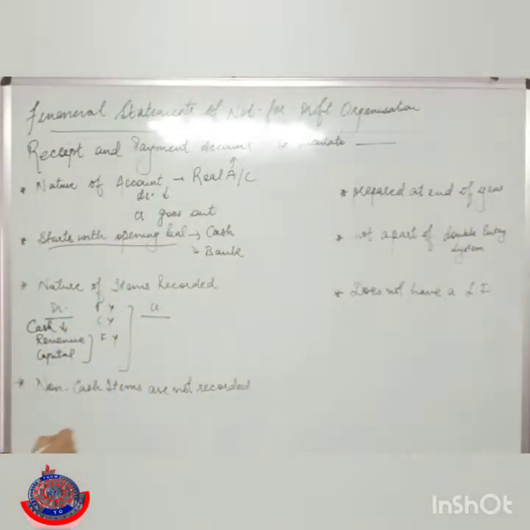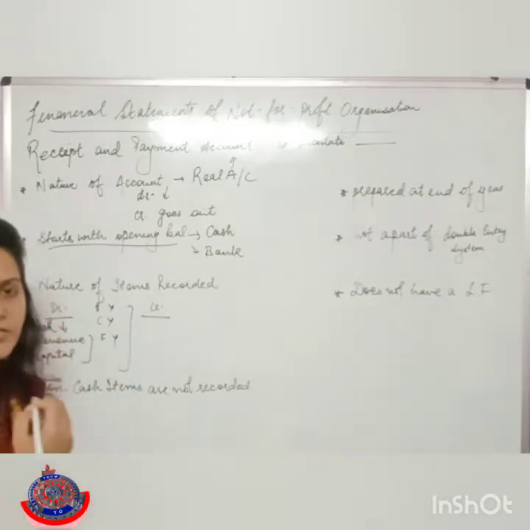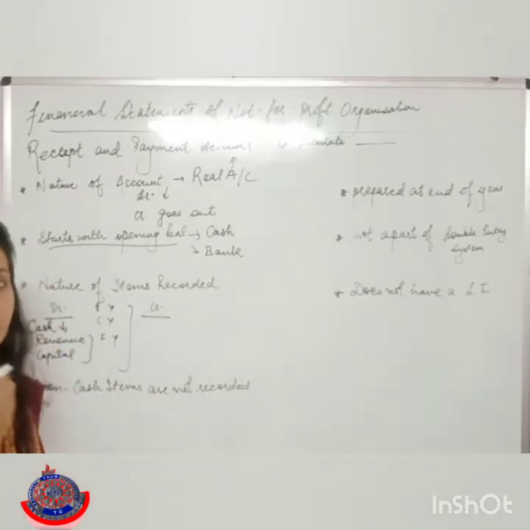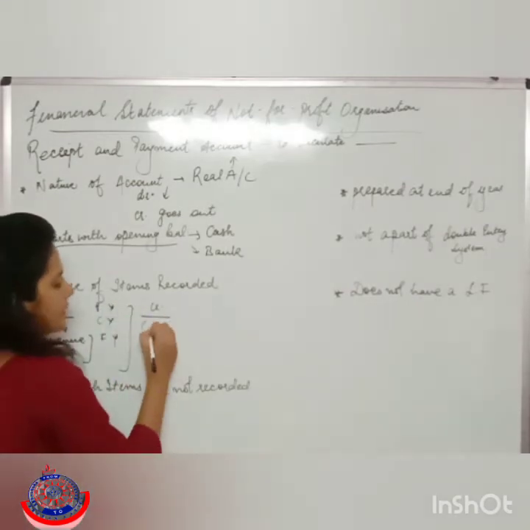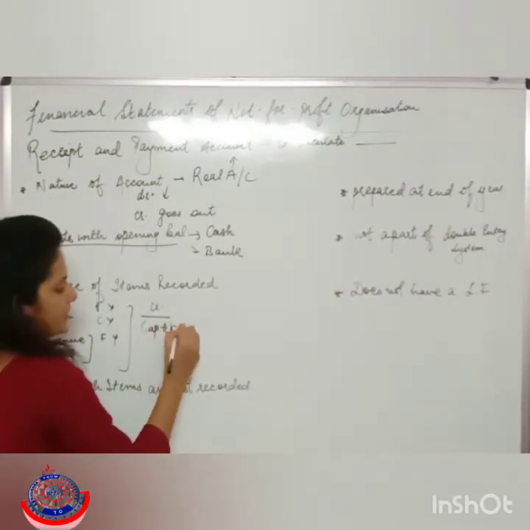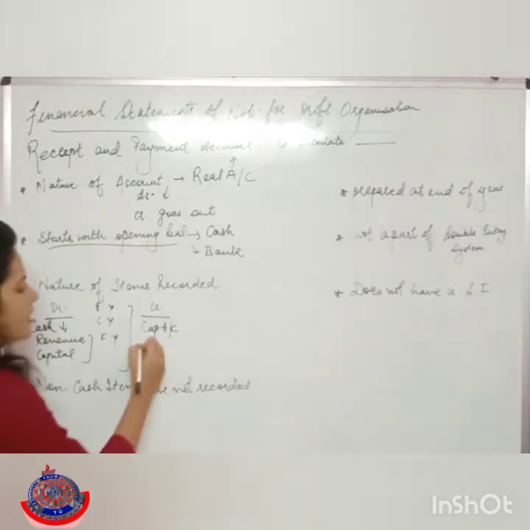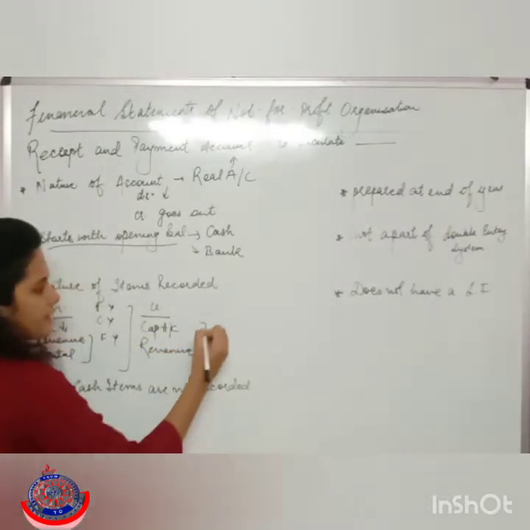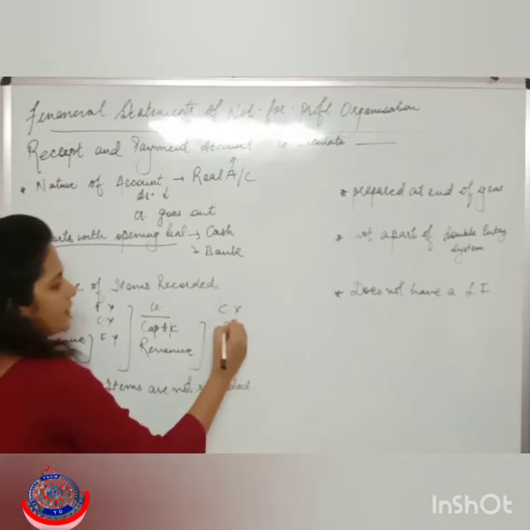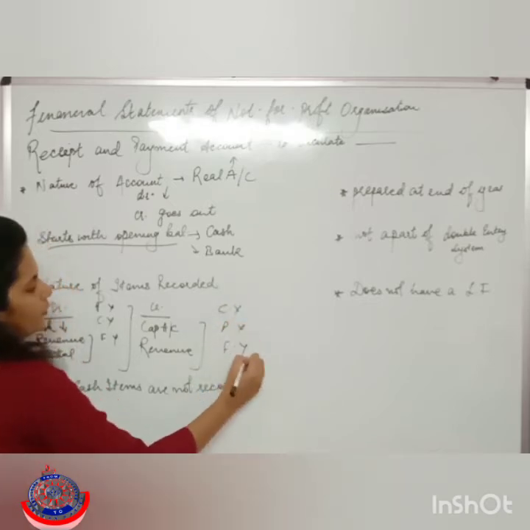Similarly, on the credit side, we record all the transactions because of which cash is going out of the business, irrespective of the fact whether that transaction is a capital transaction or a revenue transaction, whether that transaction relates to current year, previous year, or following year.